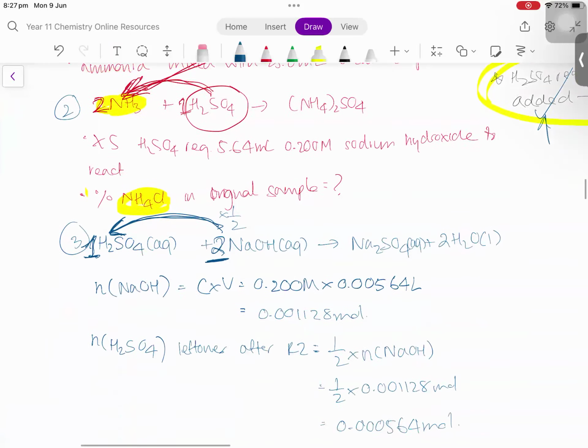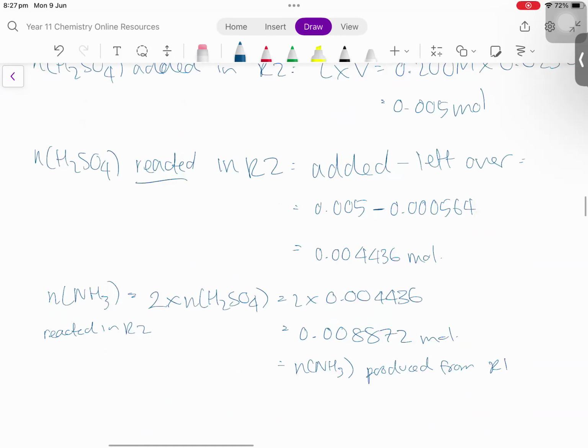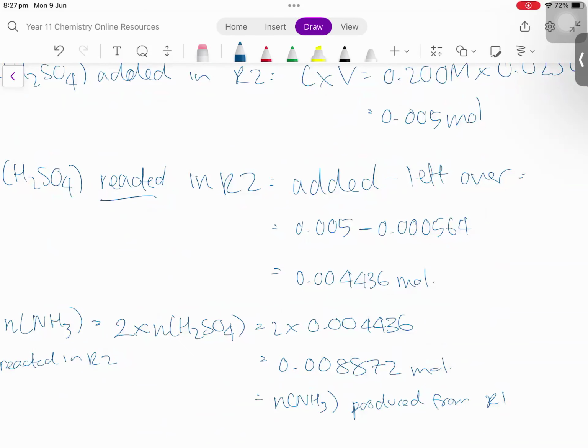So this moles of ammonia reacted in reaction 2 is the same as the moles of ammonia that was produced from reaction 1. There's nothing else for us to do besides that, yeah? So we're going to say all of the ammonia we got in the second reaction came straight from the first reaction. There's nothing else that we have to do like this added minus subtracted minus left over anymore. Okay?